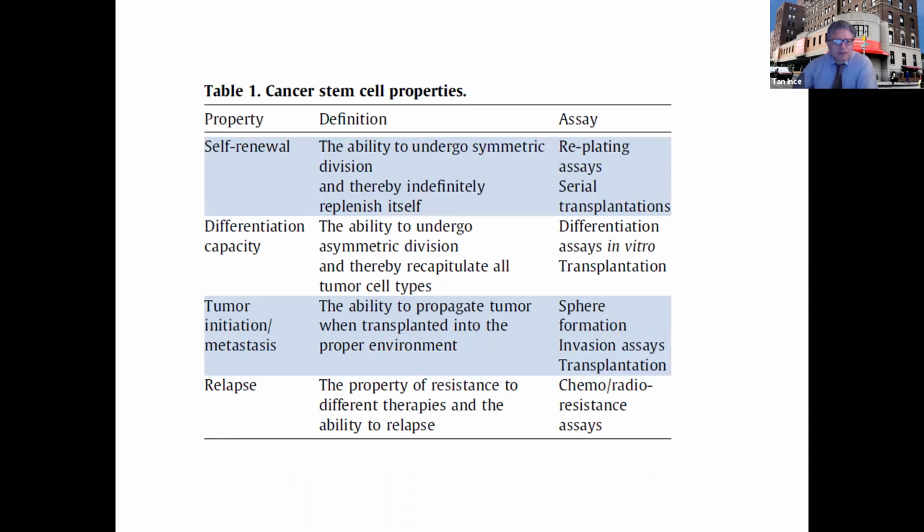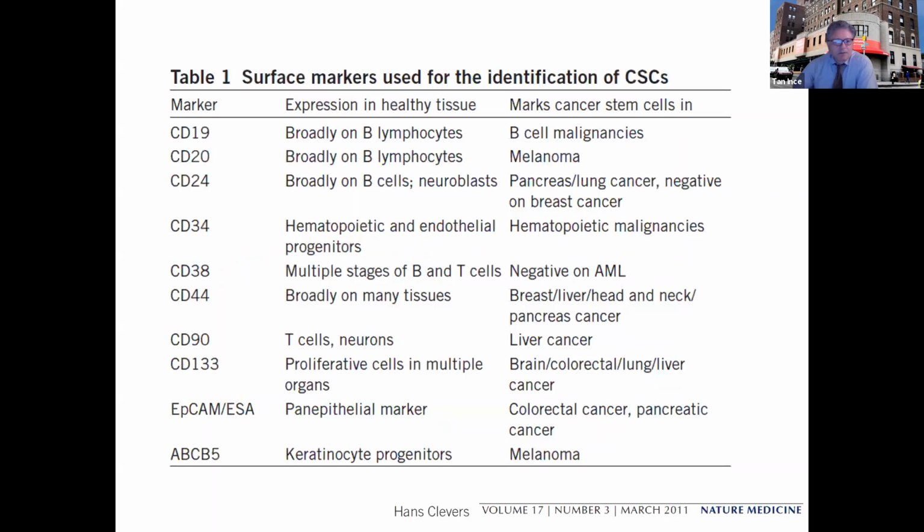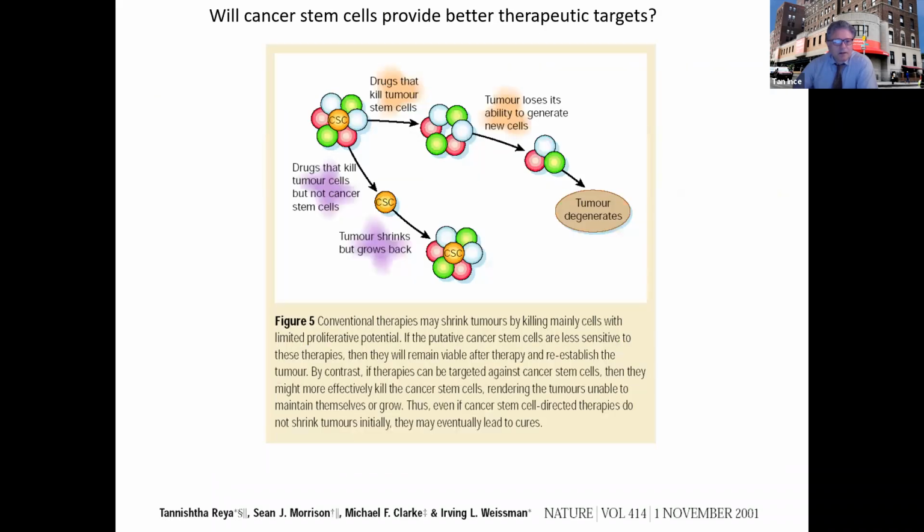So cancer stem cells share some properties with normal stem cells, which is self-renewal and differentiation capacity. Some malignant aspects of this is that they are particularly adept at initiating tumors, metastasis, and relapse. So why are they relevant for us is that it's thought that most of the standard cancer drugs do not touch cancer stem cells.